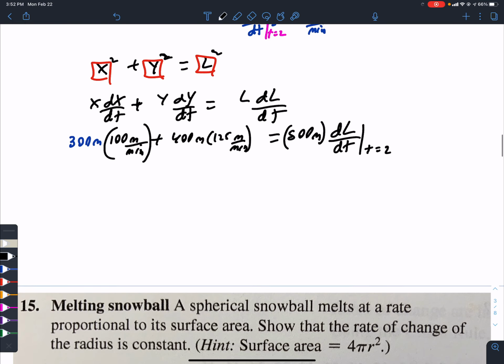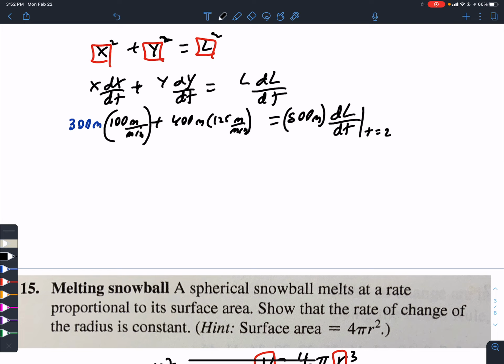And now it's just a matter of simplifying. So this is going to be 30,000 meters squared per minute. What's this going to be? What, 250, 500, 50,000?